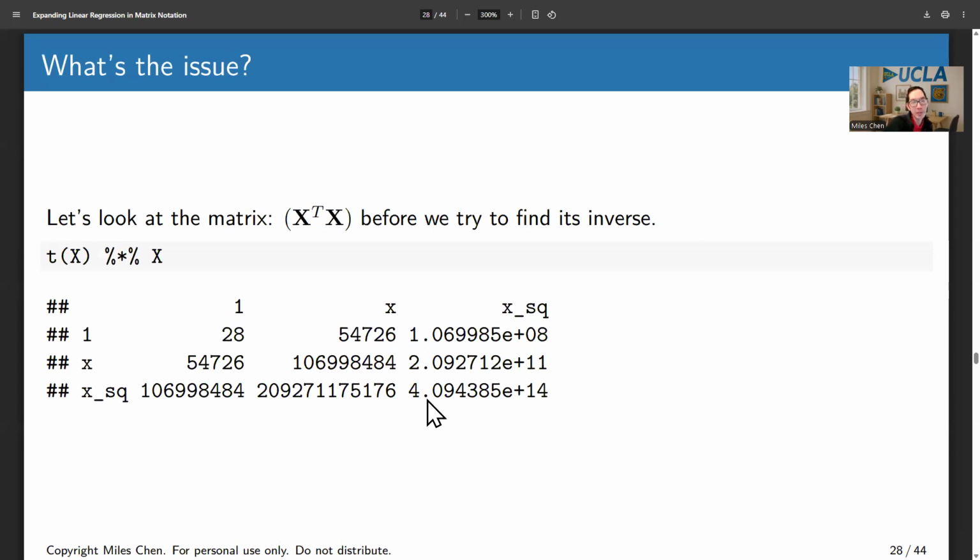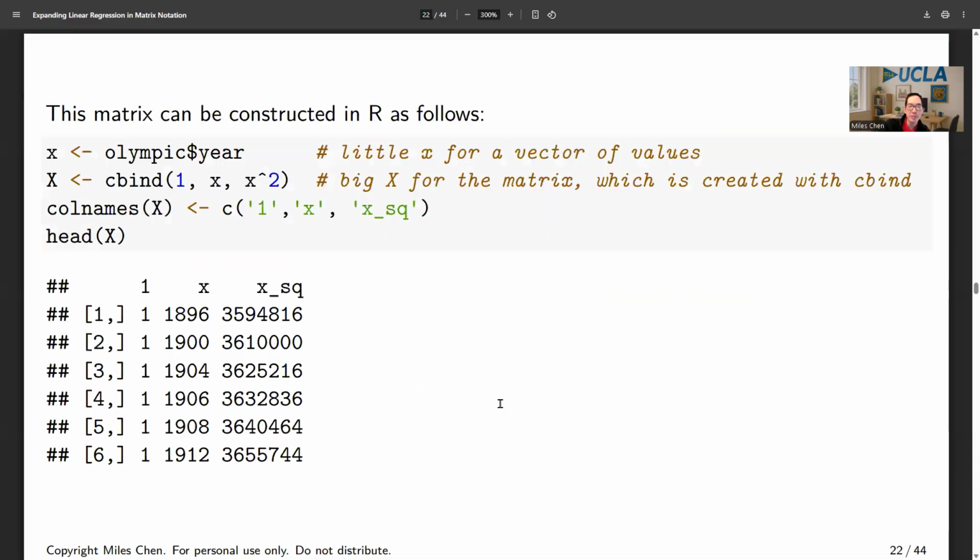If you look at that matrix, X transpose X, remember we want to get X transpose X inverse. When you take this matrix, X transpose X, look at what happens to this element down here, okay? Remember, our column of X squared, these are really big numbers. 3,610,000, 3,655,000, okay?